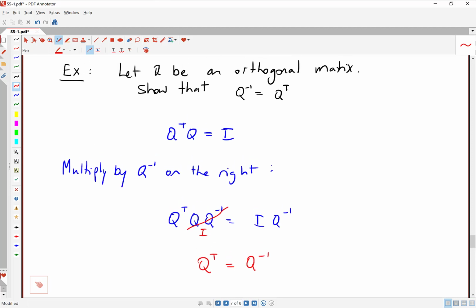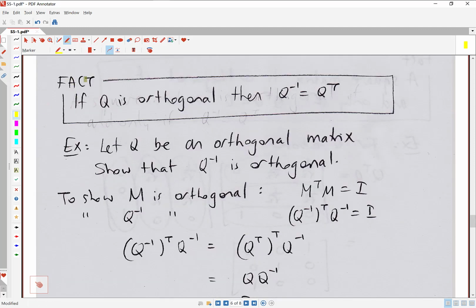So this should be true for any orthogonal matrix, and this is actually an incredibly useful fact. So think about how hard it is to find inverses for some of the matrices that we've seen. Well, if you've got an orthogonal matrix, super easy to find the inverse of that matrix. It's just the transpose. So we'll record that as a fact. If Q is orthogonal, then Q inverse is equal to Q transpose.